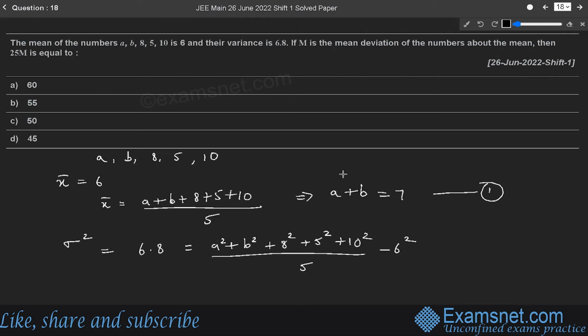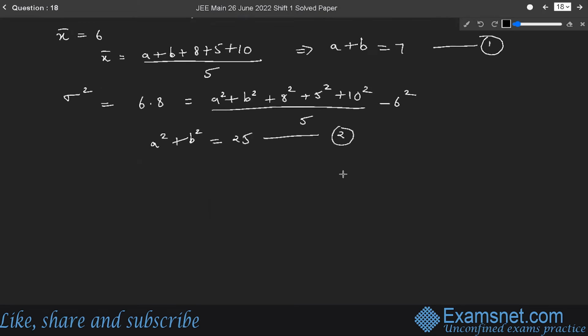So this is equal to 6.8. From this, we can say that A square plus B square is equal to 25. Let this be equation number 2. From both the equations, we can say that A comma B will be equal to 3 comma 4 or A comma B will be equal to 4 comma 3.